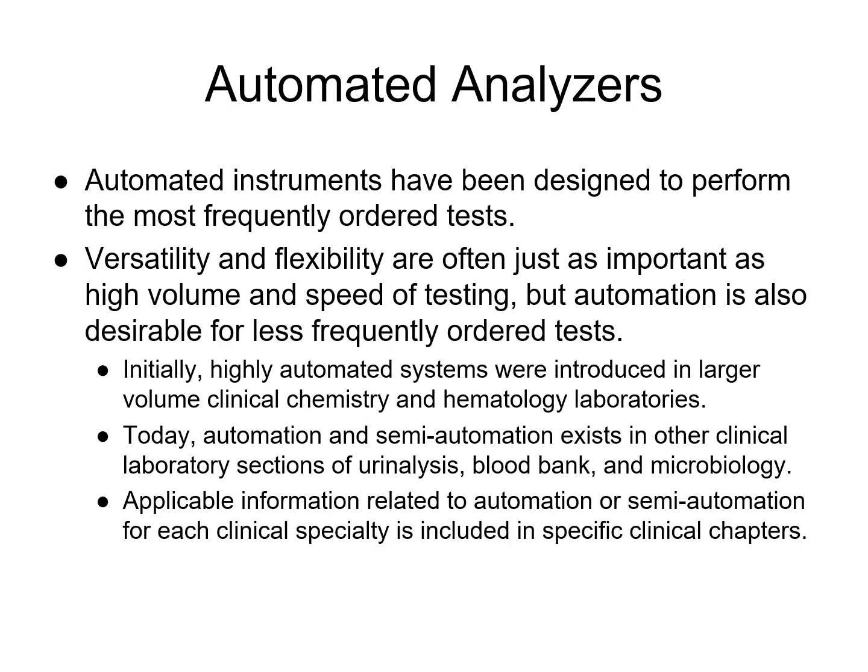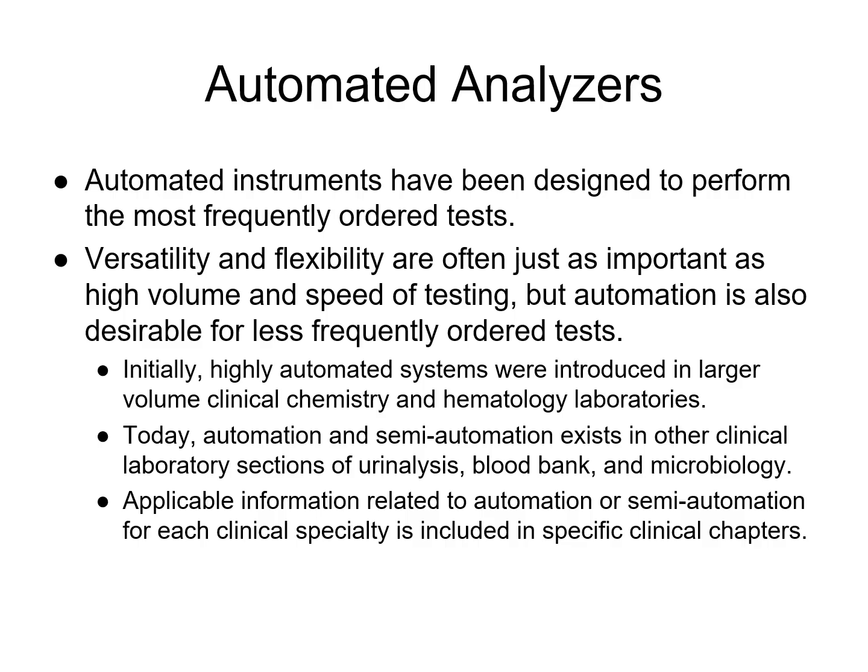Automated analyzers. So automated instruments are designed primarily for the most frequently ordered tests. Versatility and flexibility are as important as high volume and speed, so automation is also valuable for less commonly ordered tests as well.